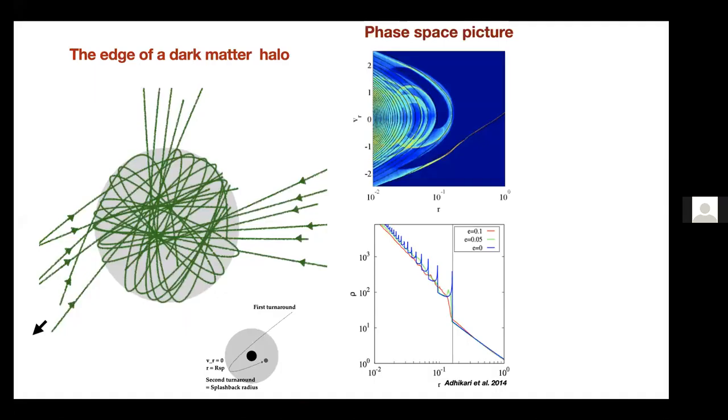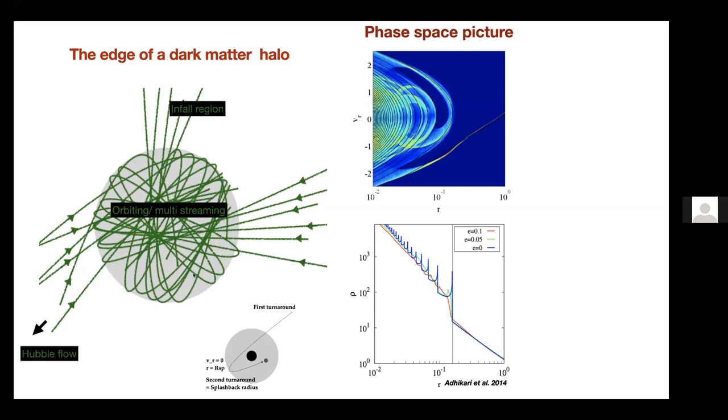So the splashback radius, or the splashback surface more generally, can be thought of as essentially a physical boundary of the halo. It separates the multi-streaming or virialized region of the halo, where particles or galaxies are on orbits within the halo, from the infall region around it.